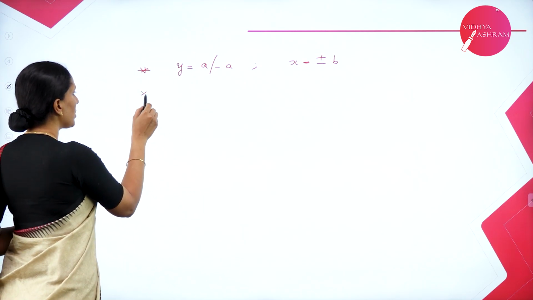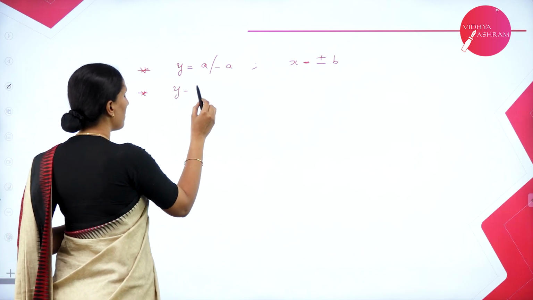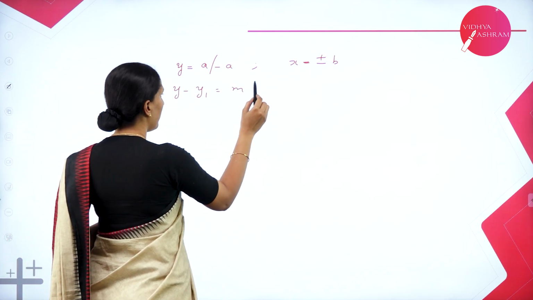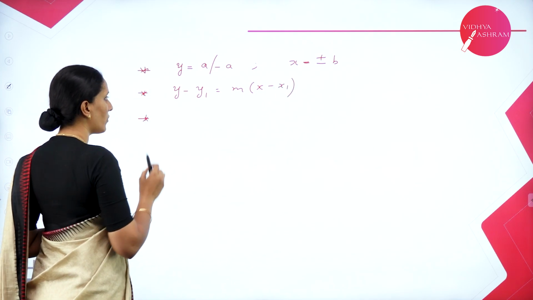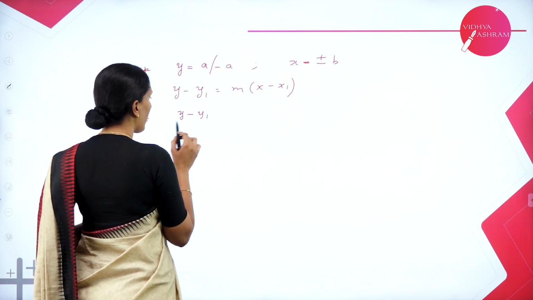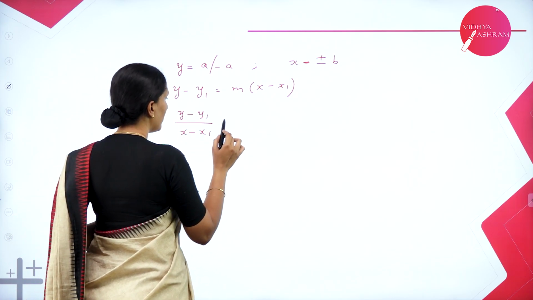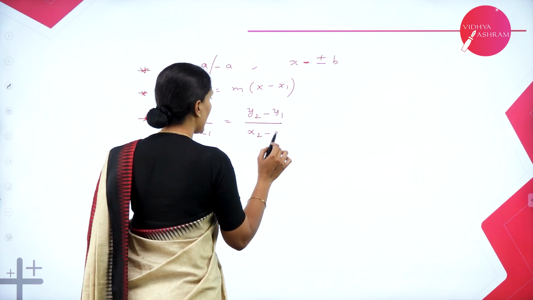Next, we have the equation of a line in point-slope form, which is given by y - y1 = m(x - x1). Next, we have the equation of a straight line in two-point form, which is given by (y - y1)/(x - x1) = (y2 - y1)/(x2 - x1).